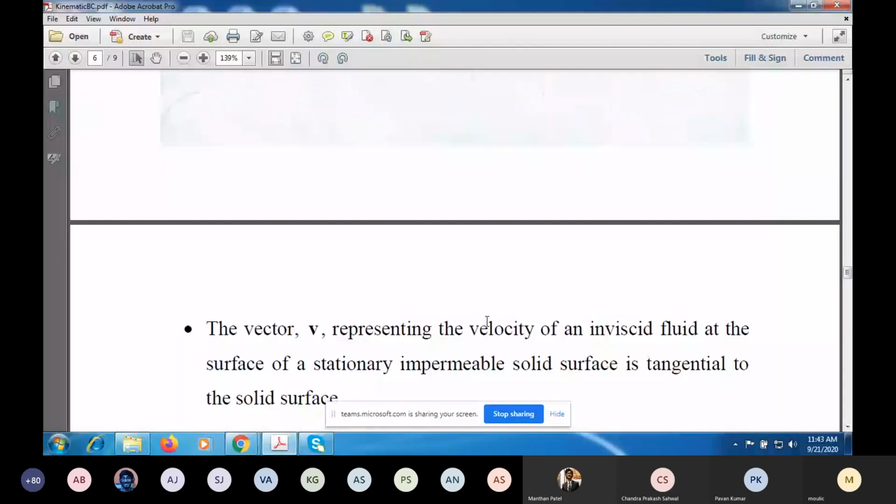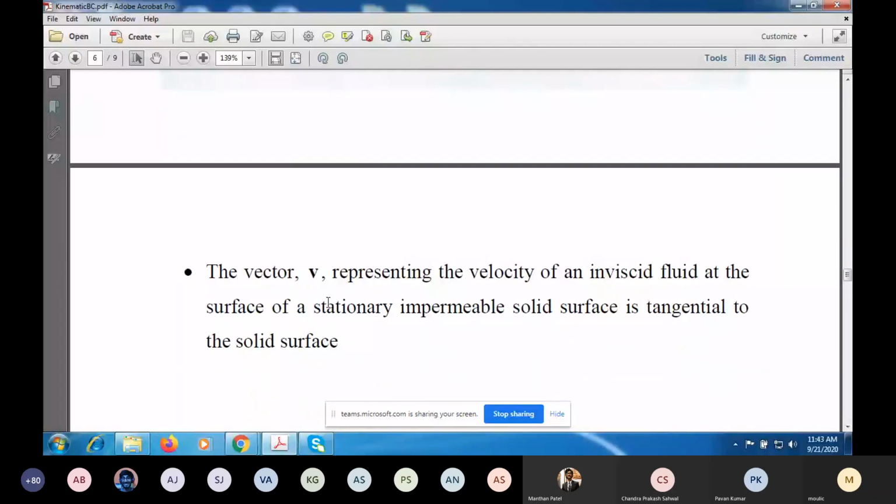So the vector v, representing the velocity of an inviscid fluid, this is the keyword, at the surface of a stationary impermeable solid surface. So there are two keywords. One is stationary, the other is impermeable, and of course it's a solid surface. Is that it is tangential to the surface.